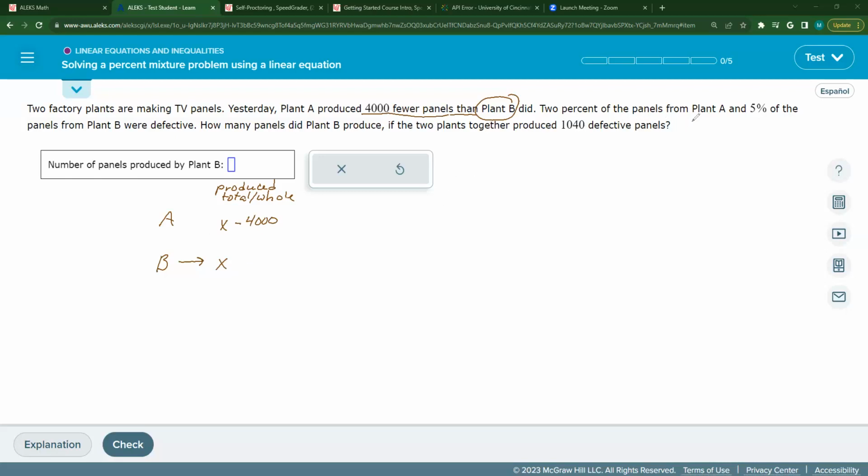2% of the panels from plant A, so percent. I want it as a decimal, so 2% is 0.02 because the decimal is always smaller than percents. And it always moves the decimal 2 spots. Cool. And then 5% of panel B, so this is 0.05. We're defective, so this is defective.